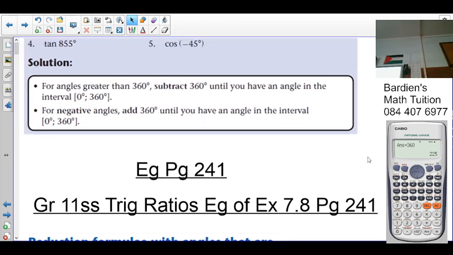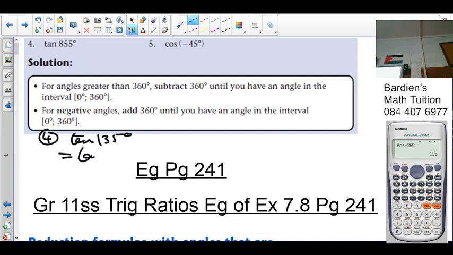In number 4, we are given tan of 855. So it's 855 minus 360, minus 360 again. So it's going to give you tan of 135. Which quadrant is 135 in? Second.